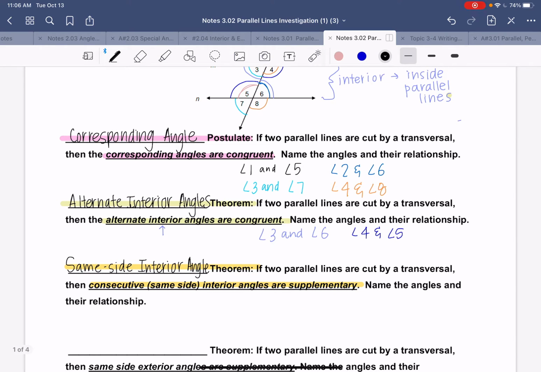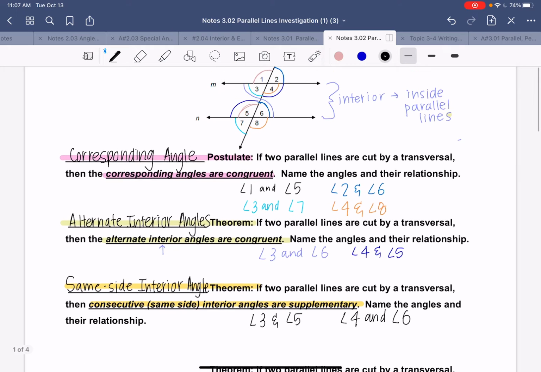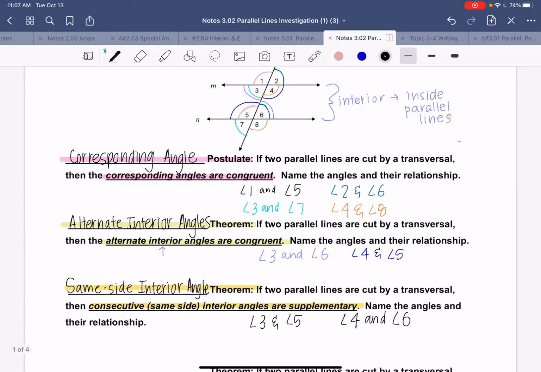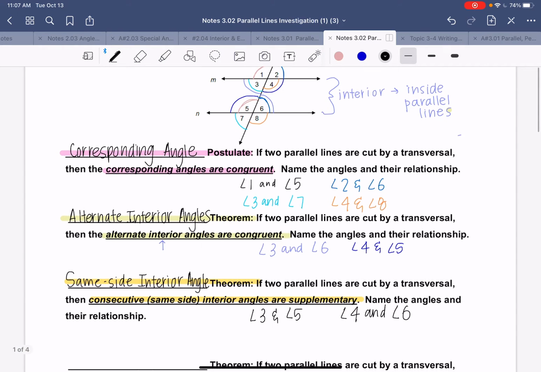Same side interior means it's on the same side of the transversal, but inside the parallel lines. So angle 3 and angle 5 are supplementary to each other, and then angle 4 and angle 6. Angle 3 and angle 5 are same side interior, and angle 4 and angle 6 are same side interior.